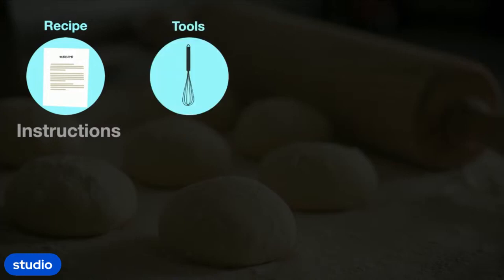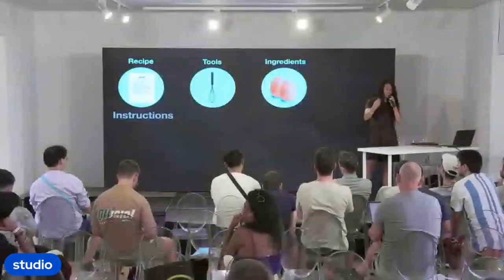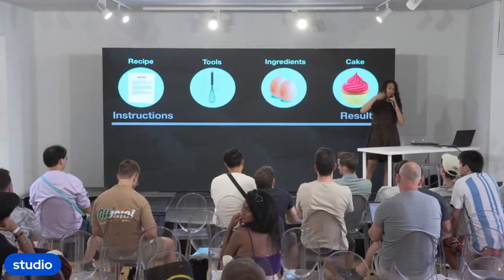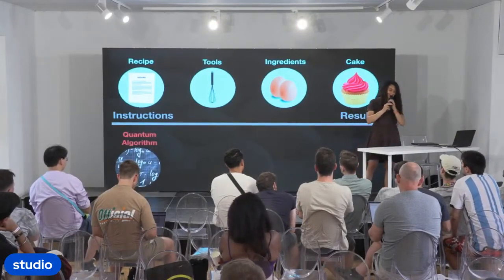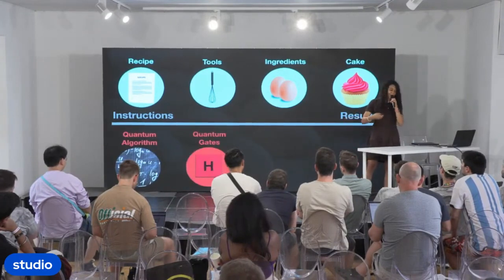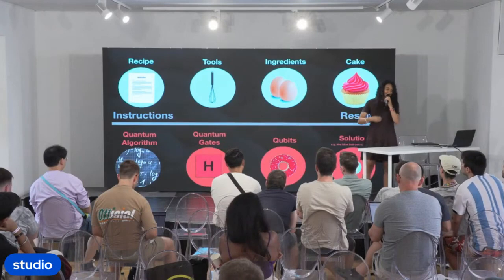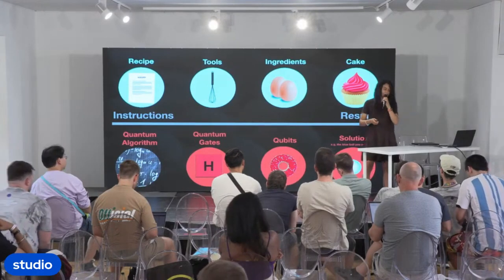If you're baking a cake, you have a recipe. It tells you a set of instructions on how to use the tools you have, such as a whisk, to change the ingredients, such as eggs, to end up getting your cake. But with a quantum computer, you have a quantum algorithm, a set of instructions that tells you how to use the tools you have, the quantum gates, to change the qubits, so you end up getting the solution that you want.